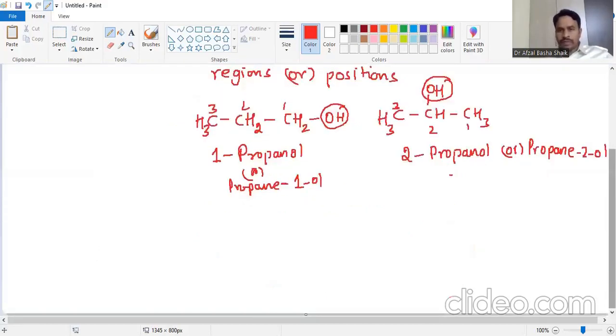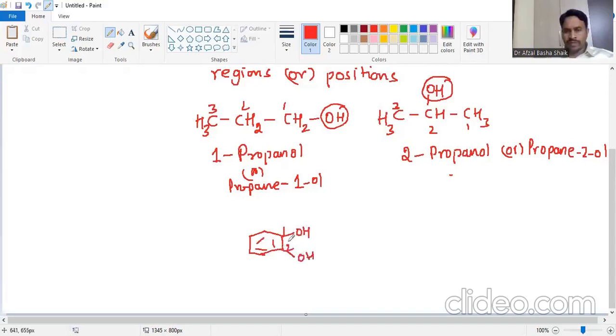We'll also explore one more example for this. This molecule here, if you see, 1, 2, sorry.